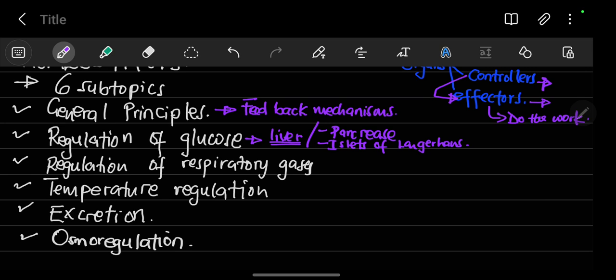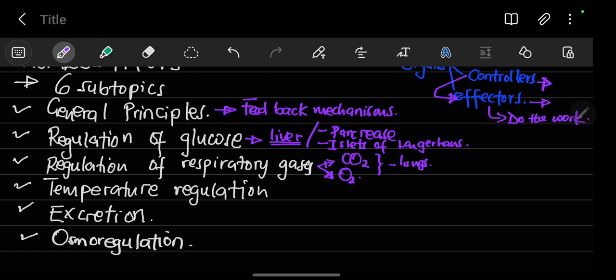So when you move on to regulation of respiratory gases, which gases are these? We are going to look at mainly carbon dioxide and oxygen. And the organs responsible, we have mainly the lungs in our regulation.